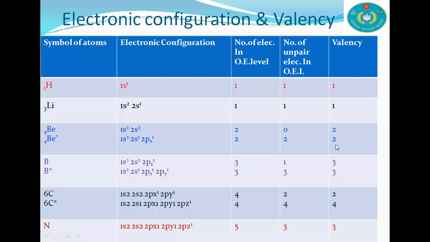It can combine with 2 other univalent elements. In case of boron, there are 3 electrons in the outermost energy level, so valency 3. In case of carbon, there are 4 electrons in the outermost energy level, so its valency 4. In case of nitrogen, 3. These are the valency and number of unpaired electrons in the outermost energy level.